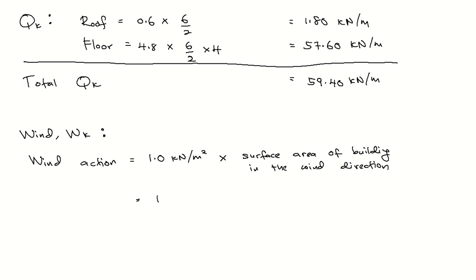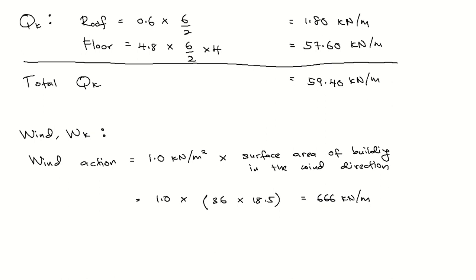So this is equal to 1.0 times 36 times 18.5. You know how we get 18.5 here, right? So this is equal to 666 kilonewton per meter. This is how much the action comes from this wind action.